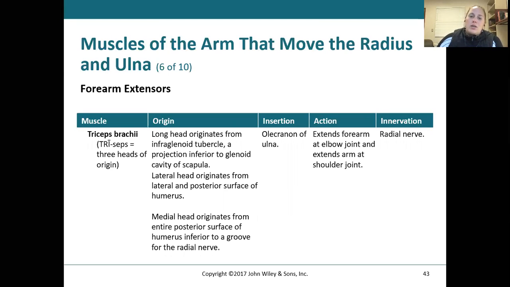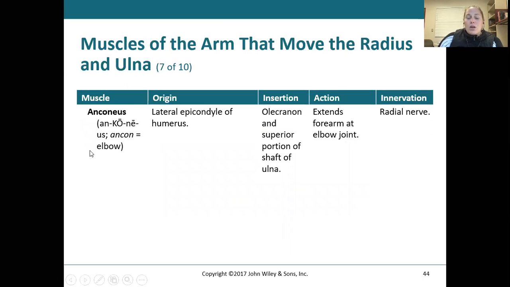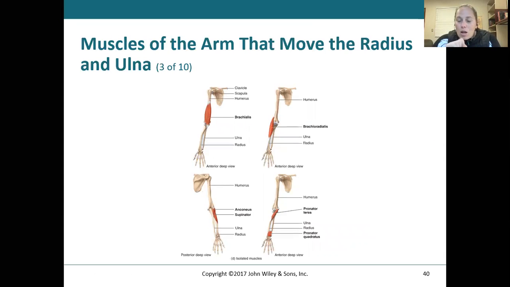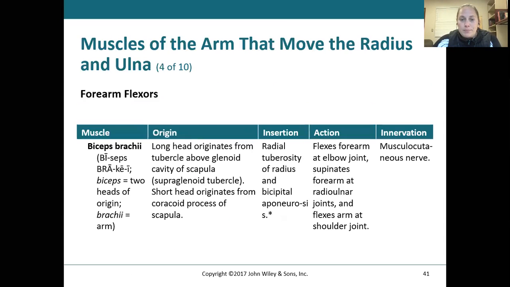The insertion is the olecranon of the ulna, and the action is to extend the forearm at the elbow joint, and the arm at the shoulder joint. Its innervation is the radial nerve. Anconeus originates at the lateral epicondyle of the humerus, extends the forearm at the elbow joint, and its innervation is the radial nerve. So again, we've slowly but surely worked our way through all of these muscles that are shown on this particular image.